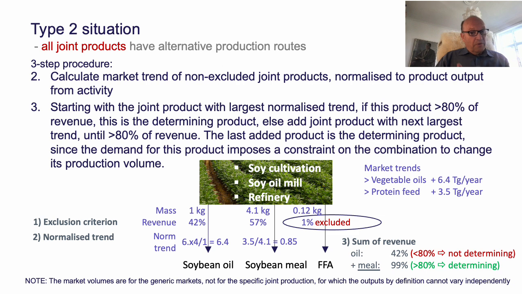Because the soybean oil and the soybean meal, of course, are joint products and therefore produced in exactly these fixed quantities, their trends will always be the same. It's only when you look at this larger market that they feed into that you can talk about the normalized market trends being of different size.